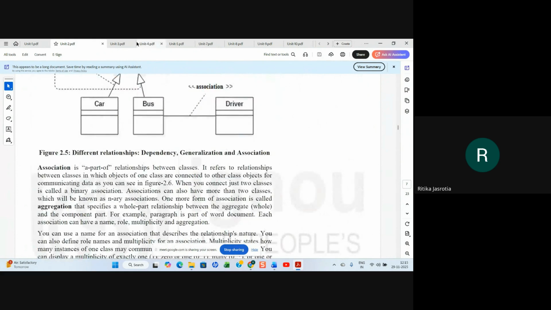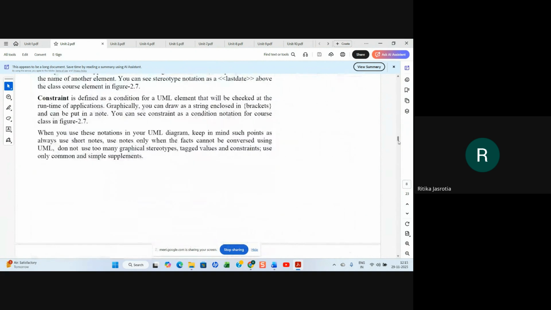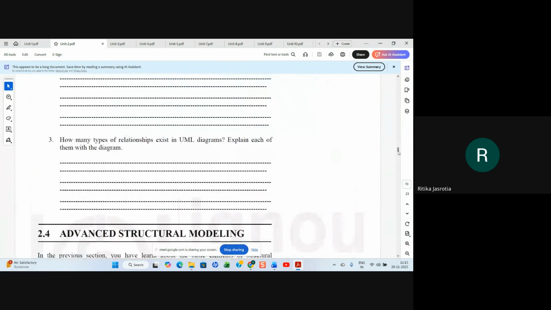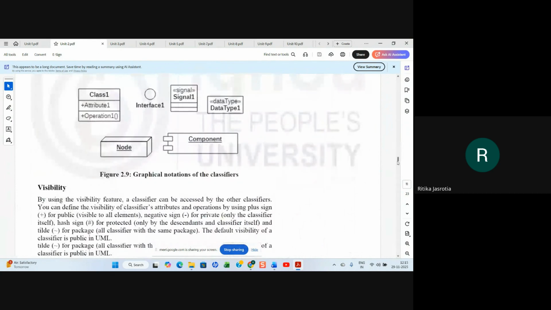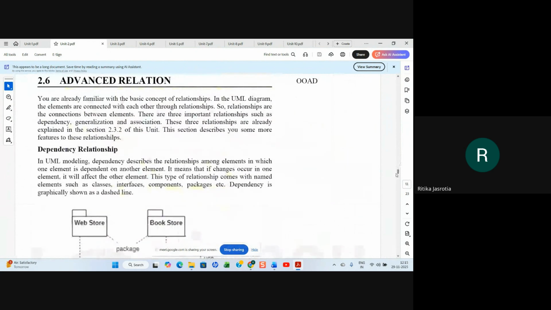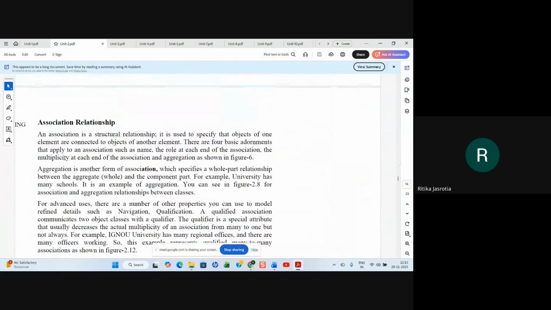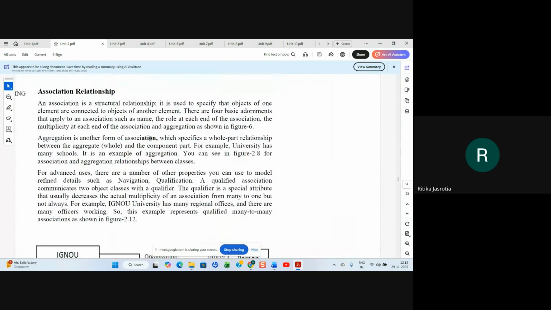So I don't know. Aggregation is another form of association, specifying a whole-part relationship, right?